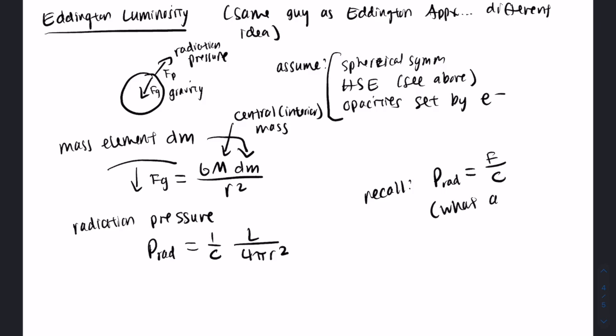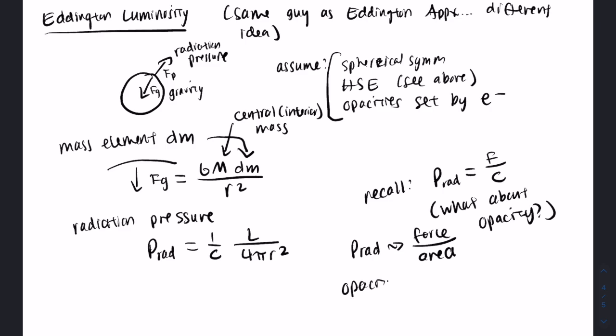If we want to get the expression for the force of radiation pressure, we're going to have to think about opacity. So the opacity in the stellar atmosphere is going to determine exactly how that radiation pressure converts into a force, because the pressure of radiation is going to be equal to the force over area. And then you'll remember that the definition of opacity was the area over mass.